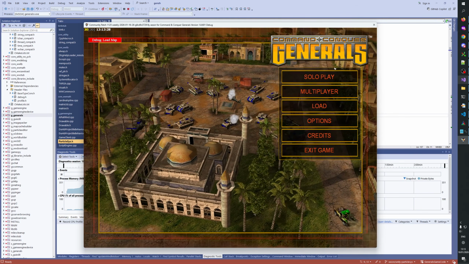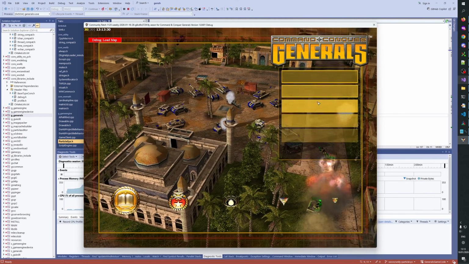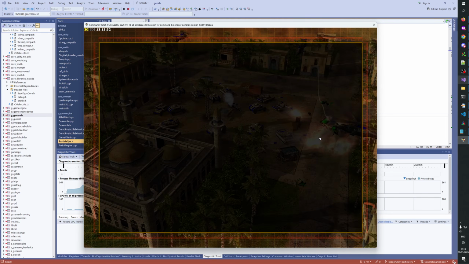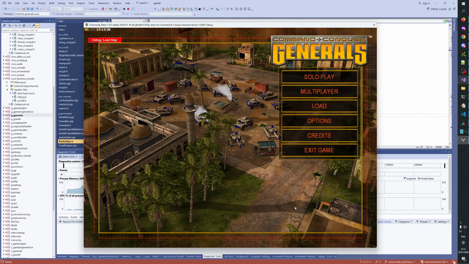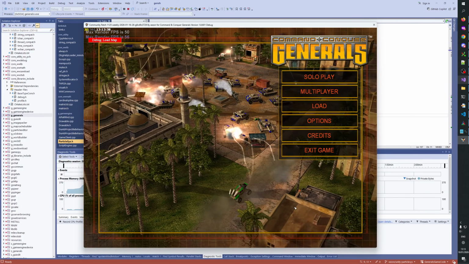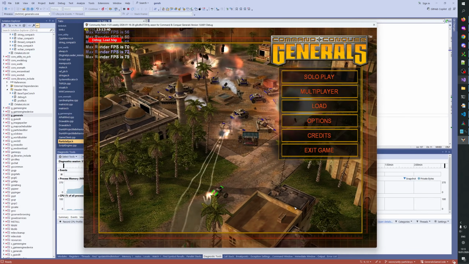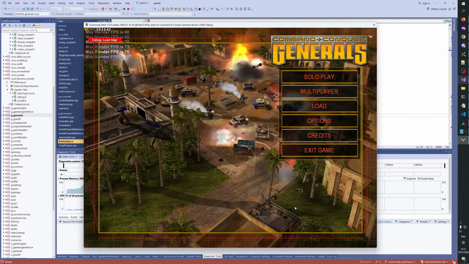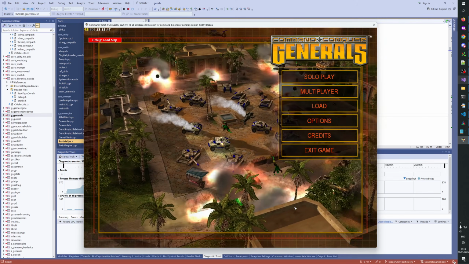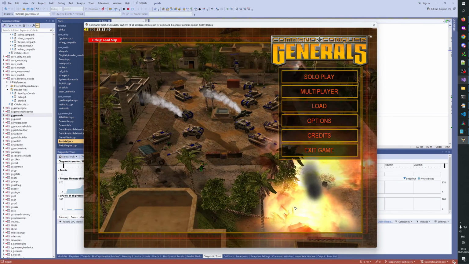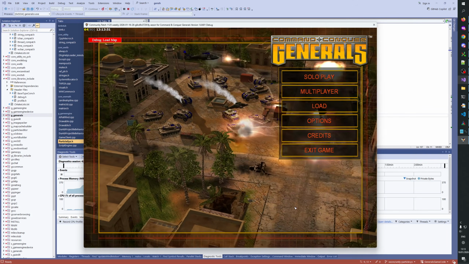Okay, we see some particles here, yeah. Let's observe the screen a little bit here. We see particles.